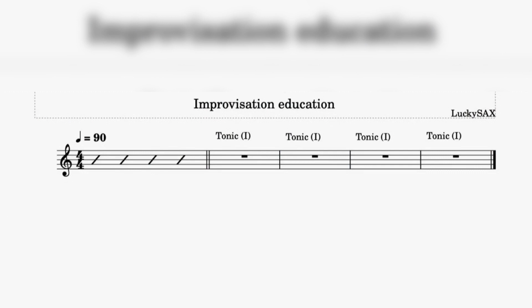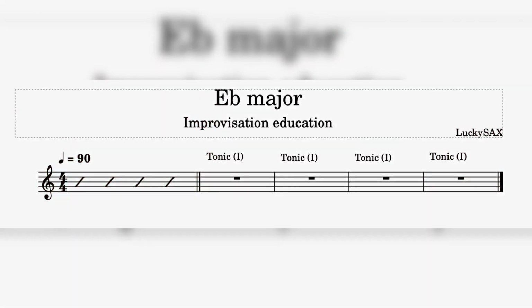So let's get started. In front of you is a staff of music on which 4 bars are already marked. This is the basis of our musical example, on the basis of which we will learn improvisation. I suggest you familiarize yourself with the musical example.